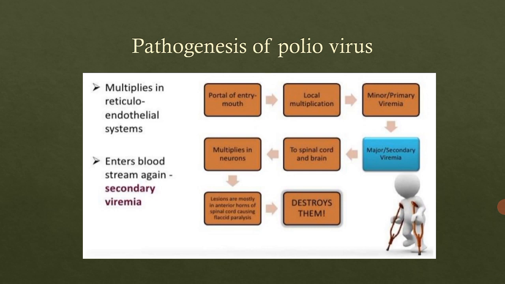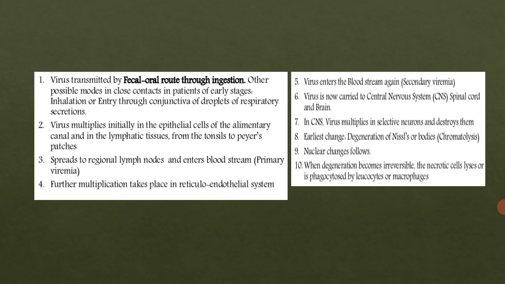All right, now we will see the pathogenicity. What is the pathogenicity, how pathogenic is the virus? The virus is transmitted by the fecal oral route through ingestion. We have studied in the resistance properties that it can stay in the feces.